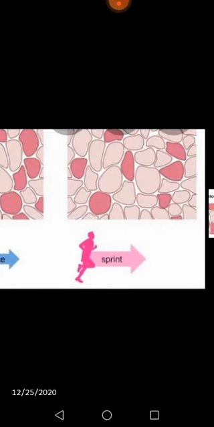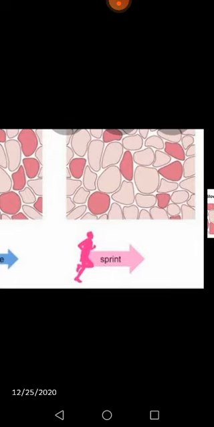Now you are looking at a picture of type 2 or fast twitch muscle fibers. This is type 2B, where the fast glycolytic property is present. These appear more whitish. Why? Because they are supplied by fewer blood vessels, leading to a whitish appearance.